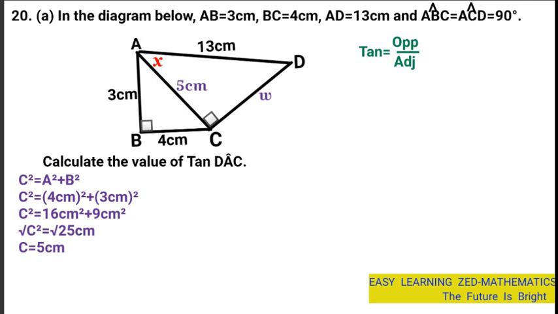So we write this formula again: c squared is equal to a squared plus b squared. Now, c is the hypotenuse. The hypotenuse of this triangle, triangle ACD, is 13 centimeter.